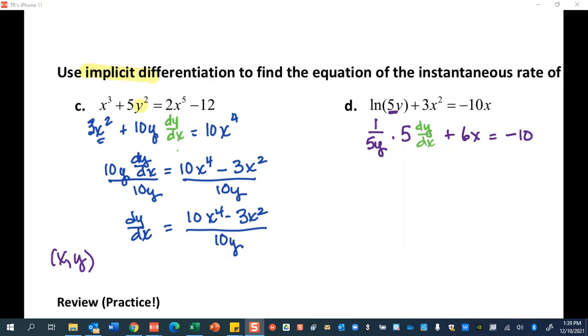Now my job is to get this by itself, and I absolutely will simplify this, because this 5 and this 5 cancel out so very nicely. And I'm going to go ahead and subtract my 6x first. So I have 1 over y dy/dx is equal to negative 10 minus 6x.